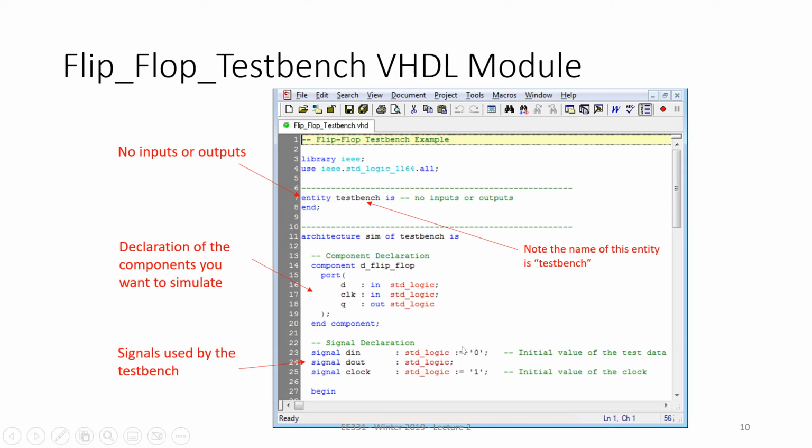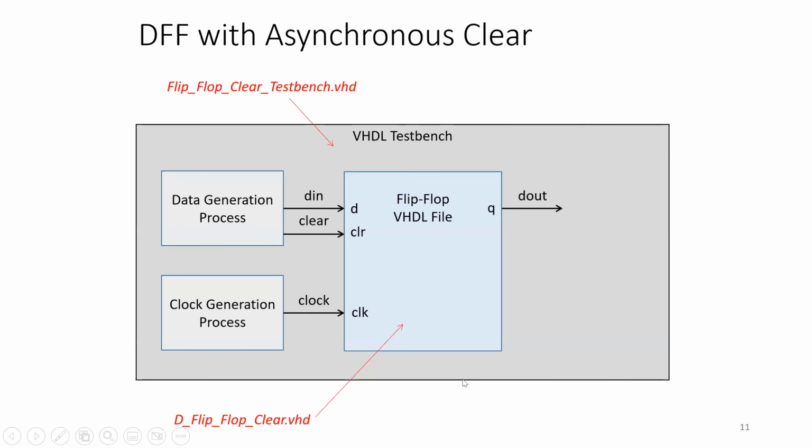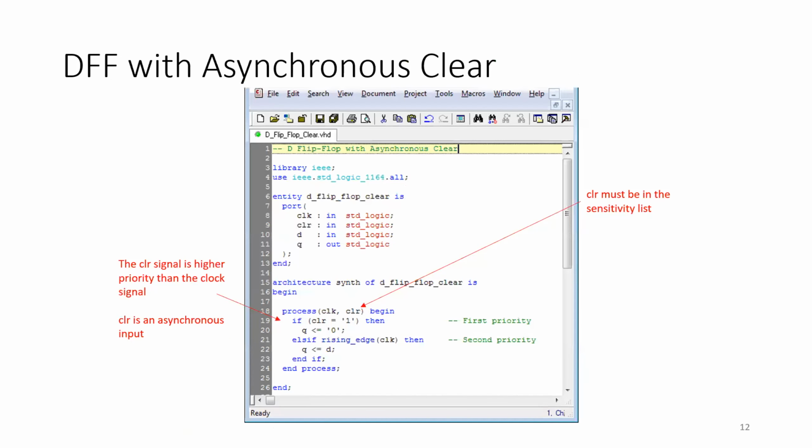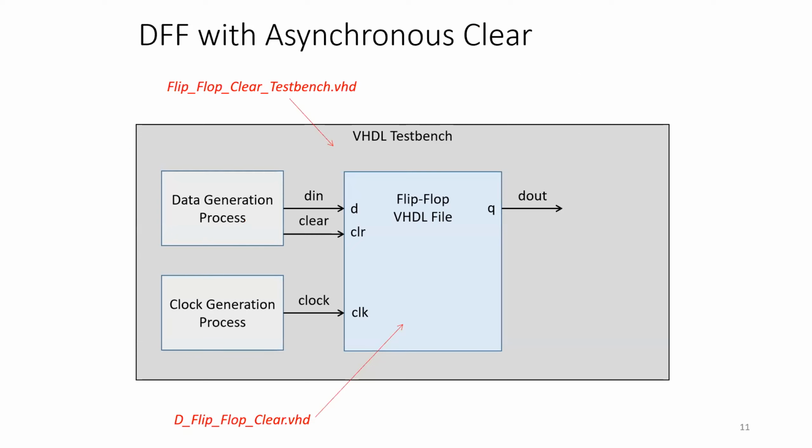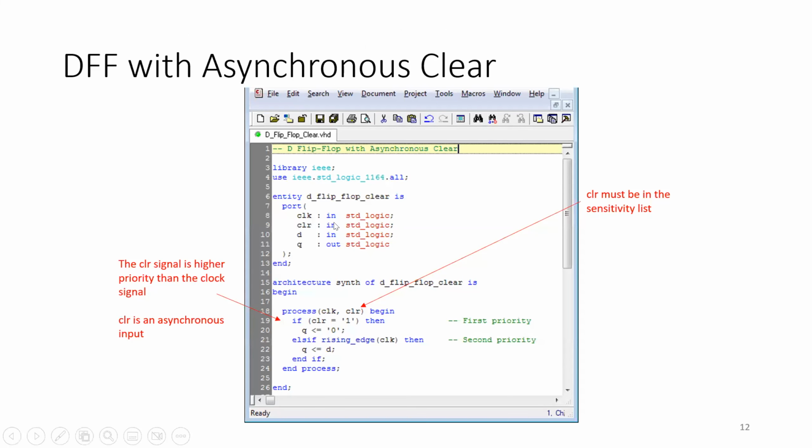Here in this one, I am giving initial values. If I want to add clear, this is extra. So I have clock, D in, clear. This is my D flip-flop, and I believe in homework 1, you made this file.